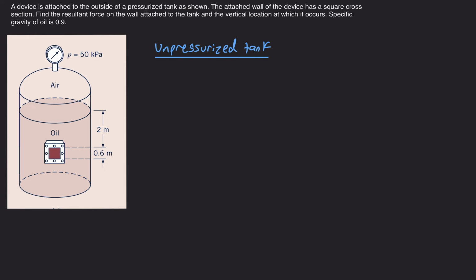So in an unpressurized tank, starting at the surface of the fluid, supposing this is our surface, so this would be a side view of our surface. The pressure at the top, gauge pressure, will be 0. And at the bottom, it'll be gamma times h, whatever this total height.